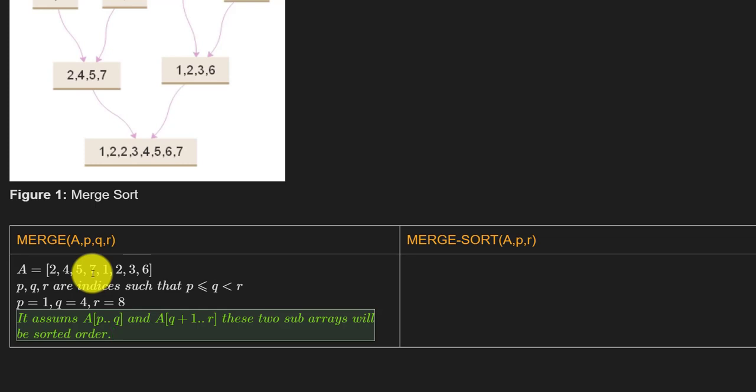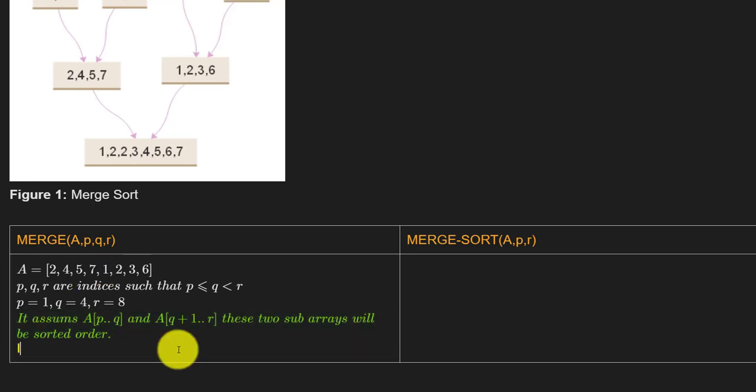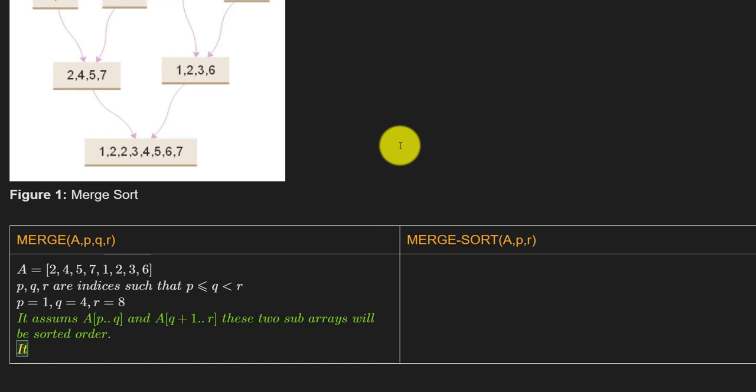And what it basically does, let me write it this way, is it merges these two sorted sub arrays to form a single array, which is this one in this case.